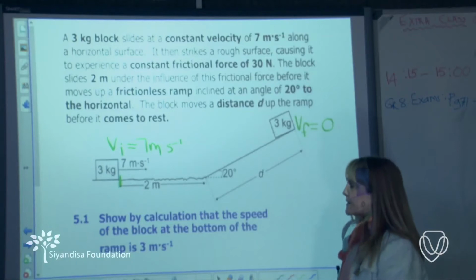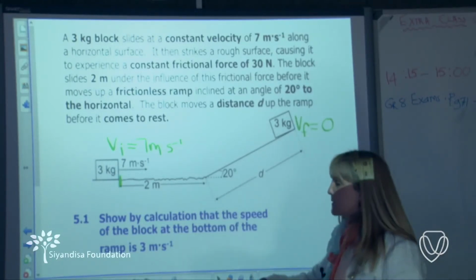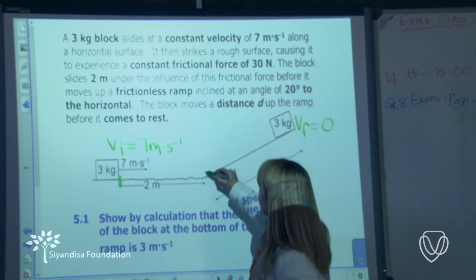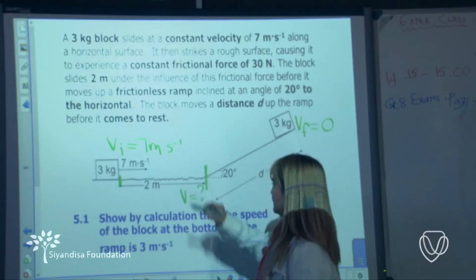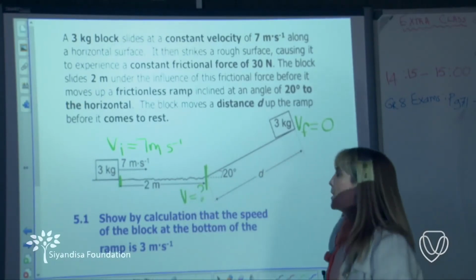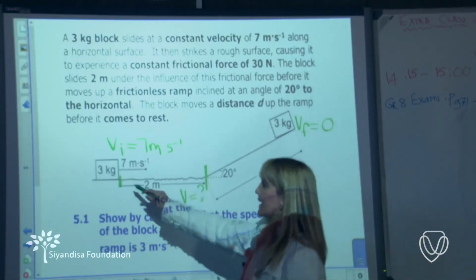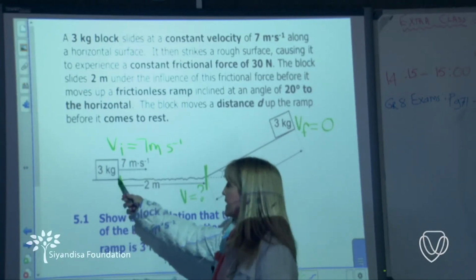Now, the question is, show by calculation that the speed of the block at the bottom of the ramp is 3 meters per second. So in other words, they want to know what is the velocity at this point here. Right, what is the velocity at the bottom of the ramp? So in other words, they are saying it hits this section here with a velocity of 7 meters per second.